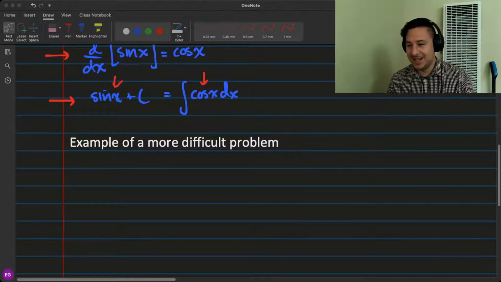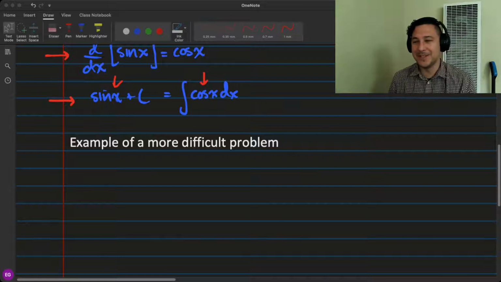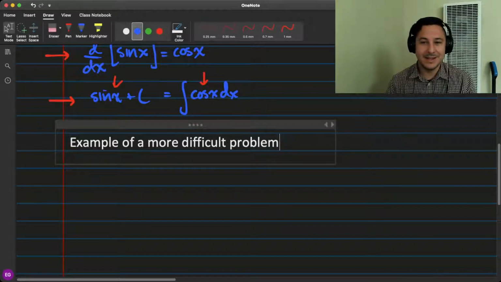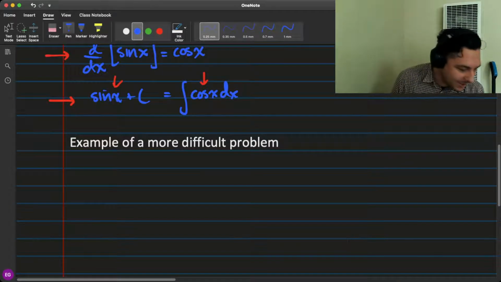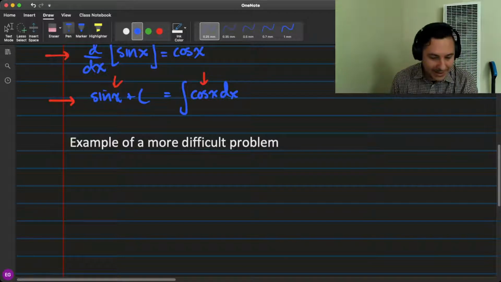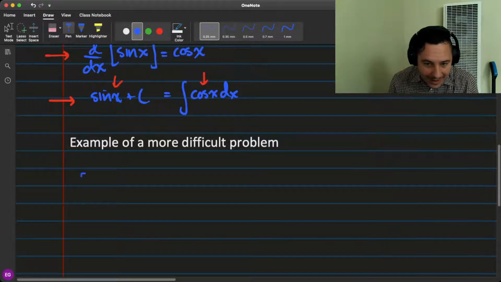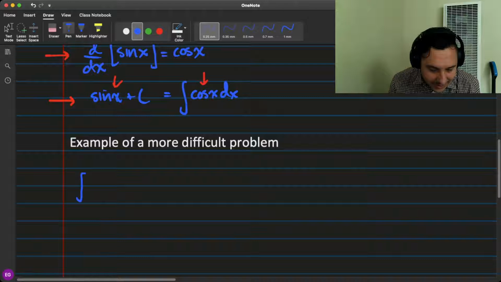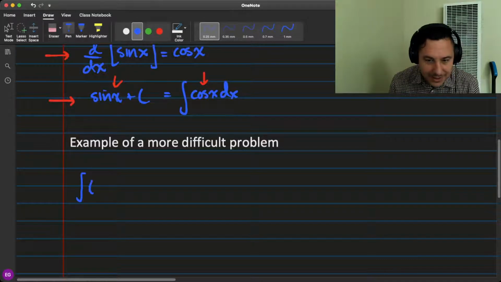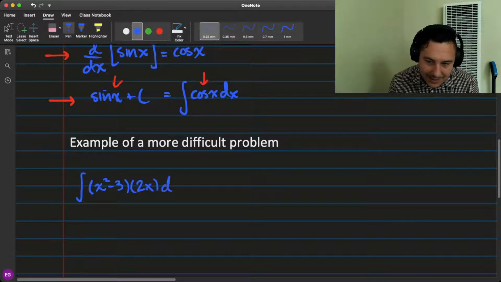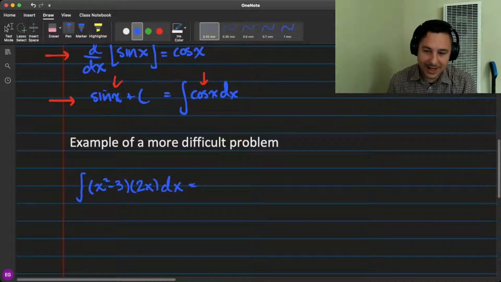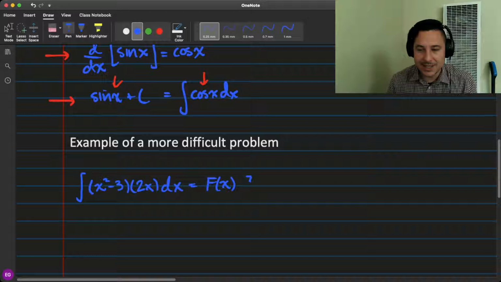Okay, let's do an example of a more difficult problem. Say you're looking at the antiderivative of x squared minus 3 times 2x dx. You ask what the antiderivative of this is, because let's say you need to solve some definite integral.